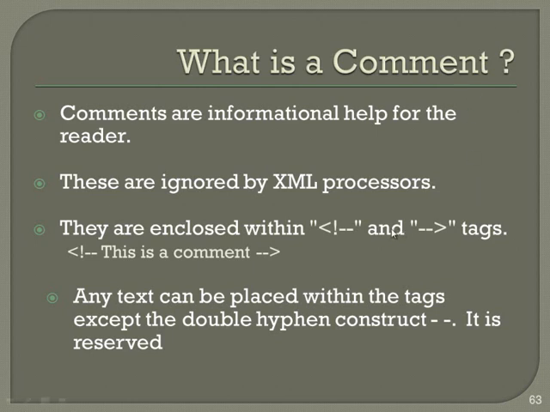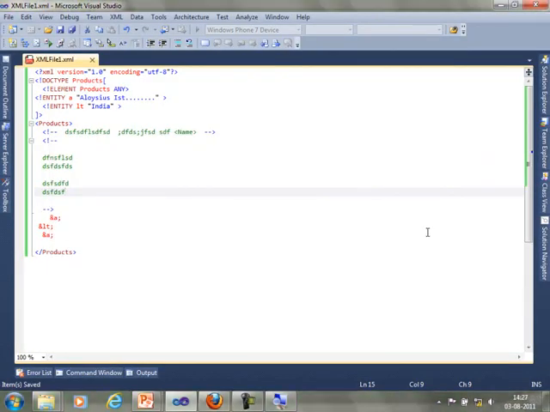Whenever you use a comment, you notice that comments end with double dashes. You are not supposed to use these double dashes in the comment. What is the meaning of that? A comment can have anything, but you are not supposed to put two dashes inside.